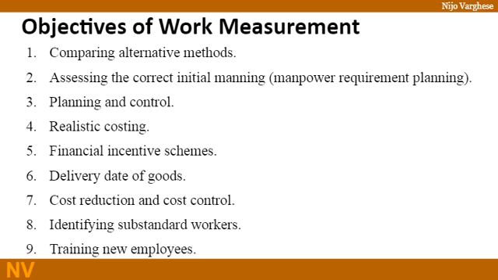If any employee is taking more time than the standard time, then we can say that this employee is a substandard employee, so they are not performing well. So in order to identify substandard or non-performing workers, we need to do work measurement properly. And it is also used to train new employees in such a way that they complete the work within that particular period of time.